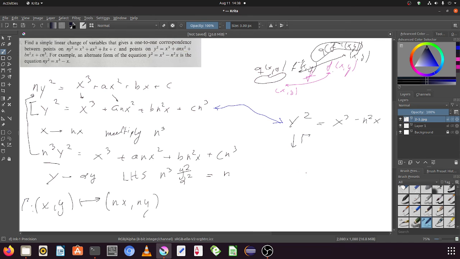Then we get ny squared minus x equals x to the third minus. And then, what? Oh, n to the square vanishes, so it's just x, right? So that was the first problem.